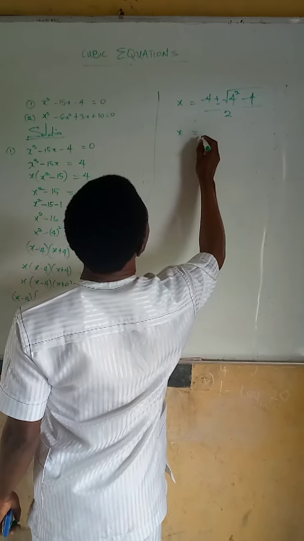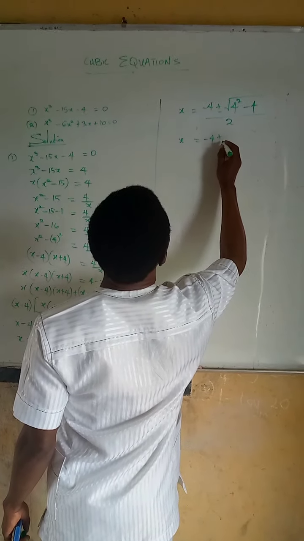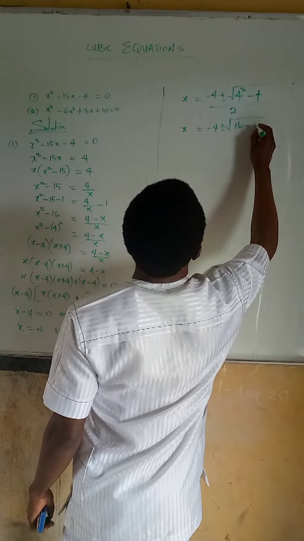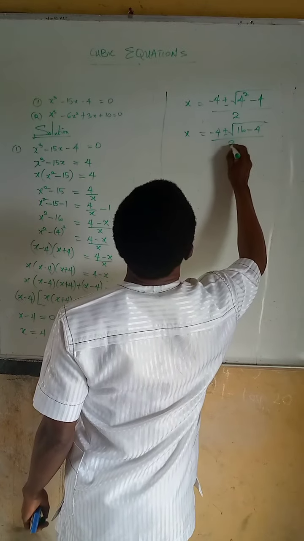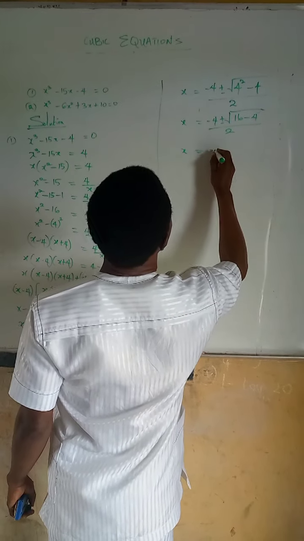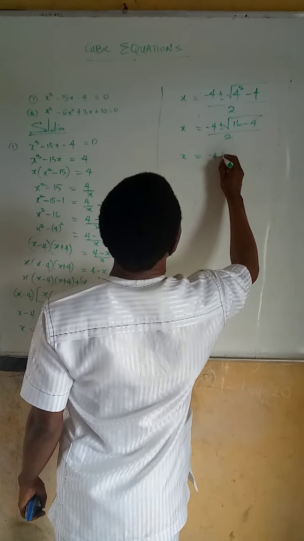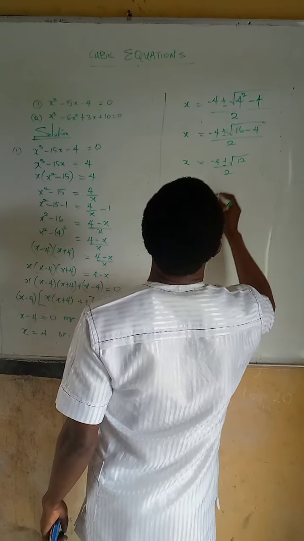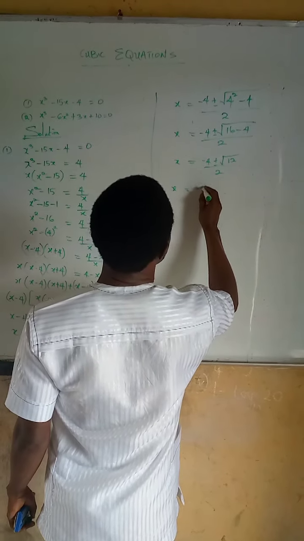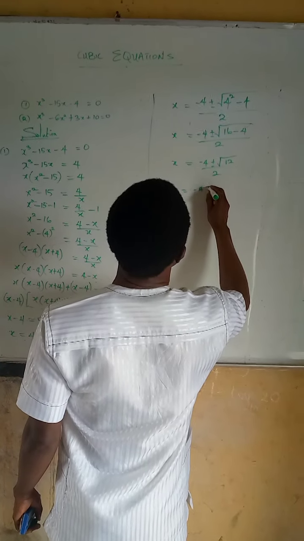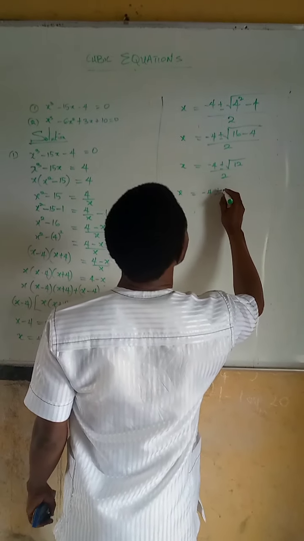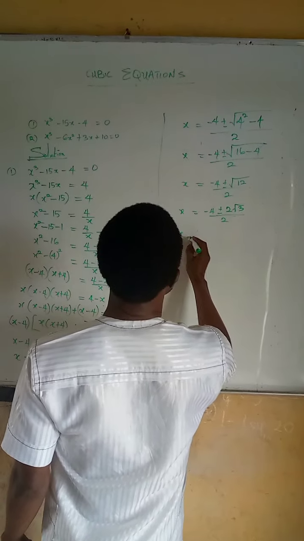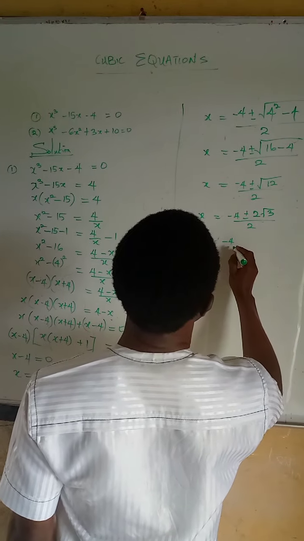So we have x equals minus 4 plus or minus the square root of 16 minus 4 all over 2. x now equals minus 4 plus or minus root 12 all over 2. Then we have x equals minus 4 plus or minus 2 root 3 all over 2. So we have x equals minus plus or minus.